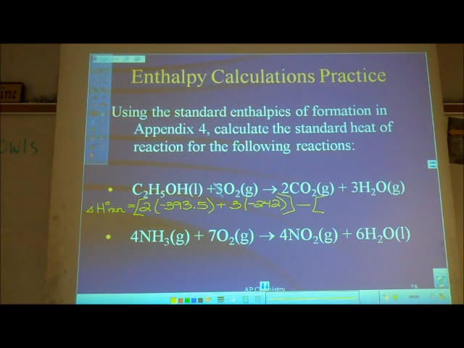It's called ethanol. Find it. Tell me the value. Negative 278, and it has a coefficient of a 1. O2 gas. 0. You shouldn't be looking for it. 0. Put it in your calculator, and this is what will come out.